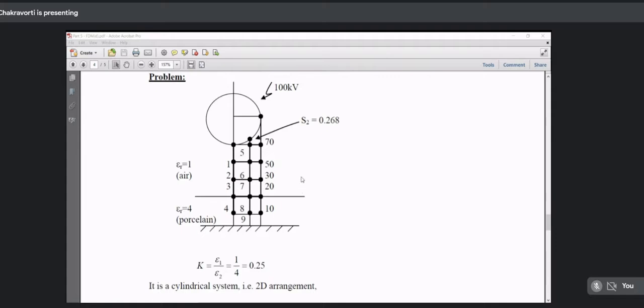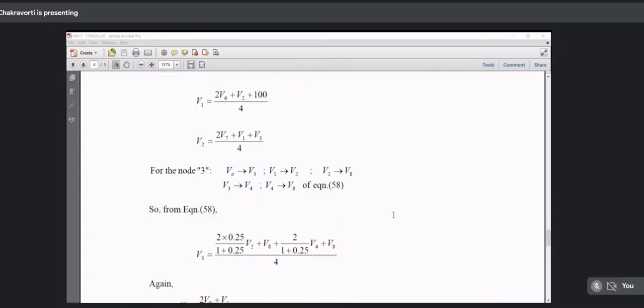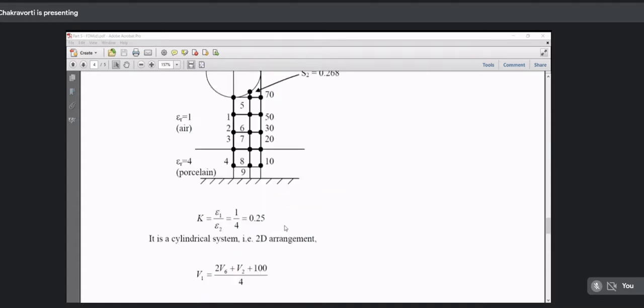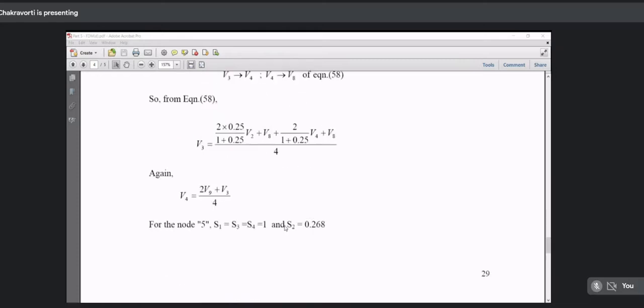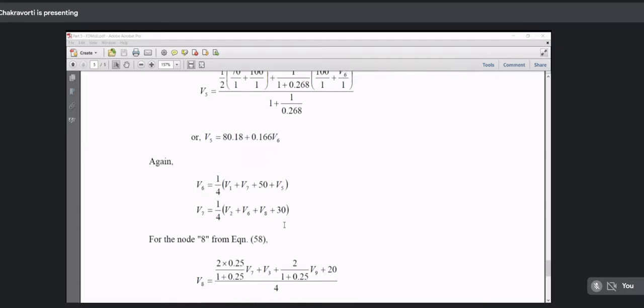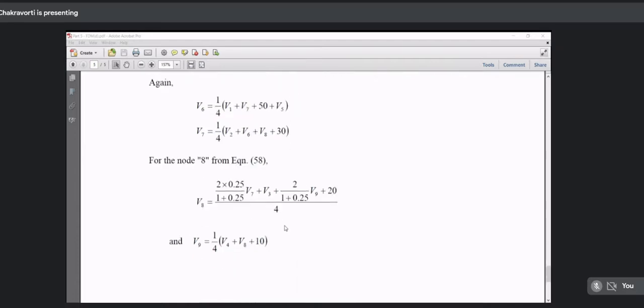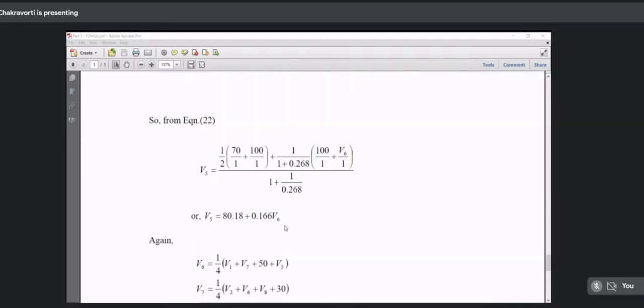Then for equation 5, this is unequal nodal distance for a two-dimensional system, not axisymmetric. So there is no question of symmetry around the axis. So you use that expression here. Where is V5?